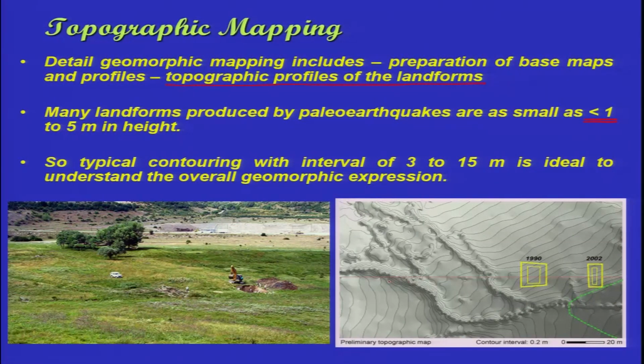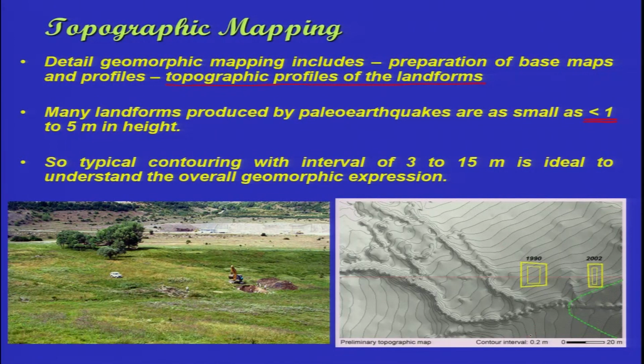So this portion helped in identifying the offset of streams here, and that was taken into consideration as probably the fault line, and across this the trenches were opened. This is from the North Anatolian Fault in Turkey, where the trenches were opened in 1990 and 2002.